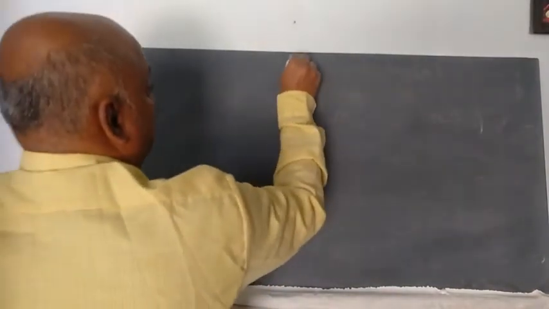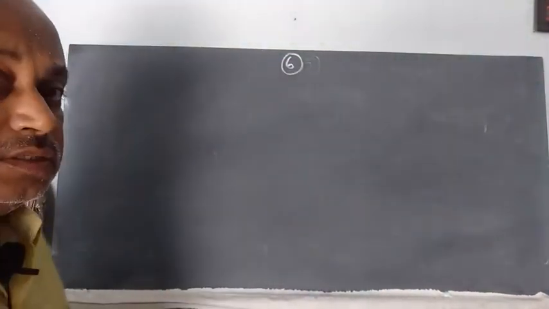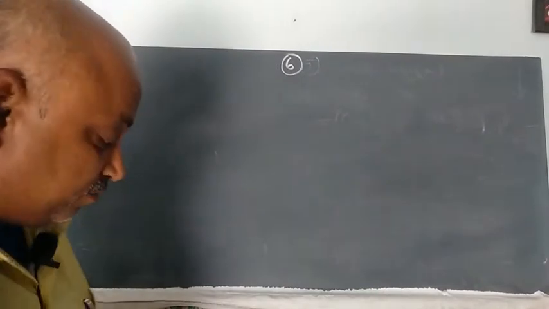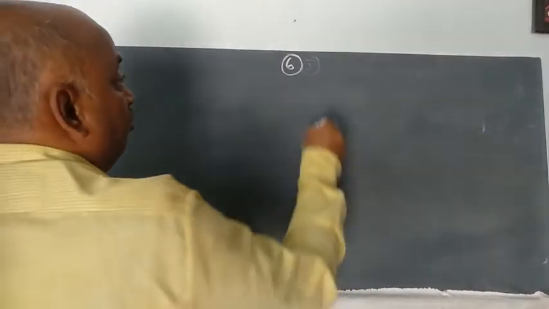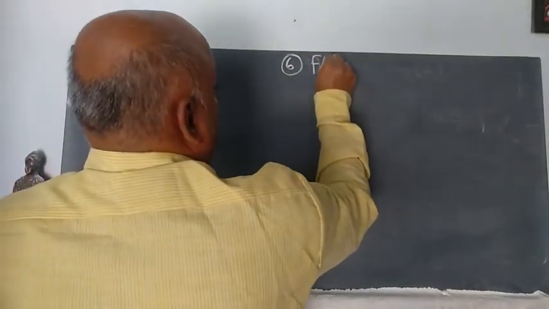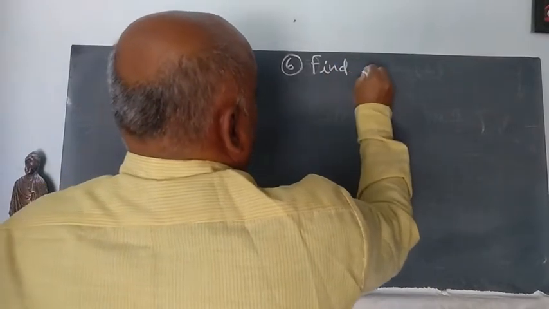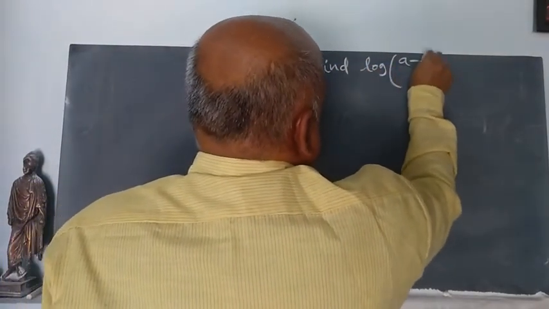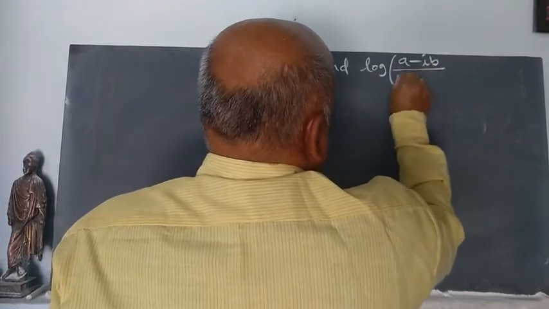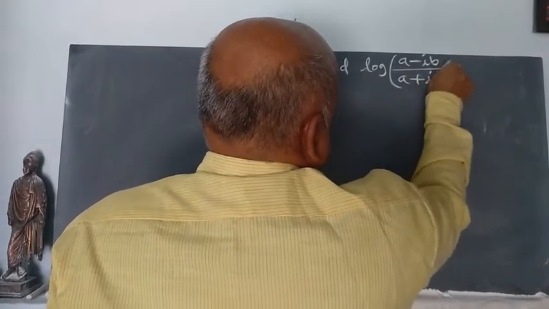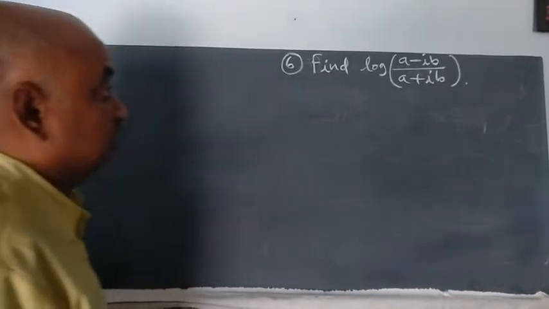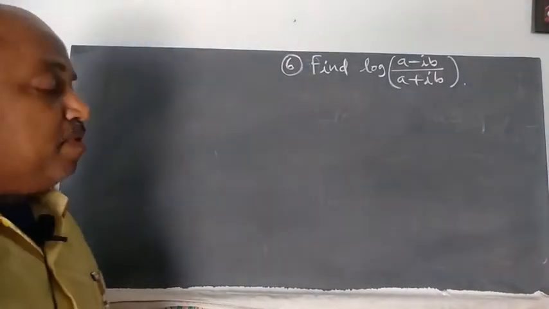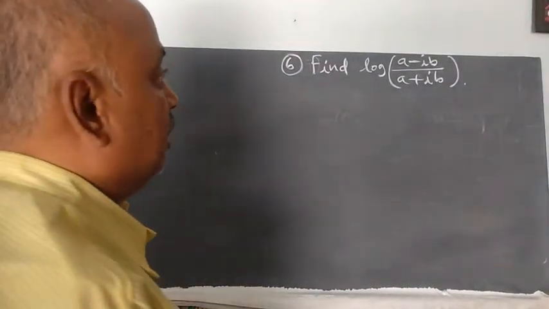Next, sixth problem. Find log of a minus ib by a plus ib.